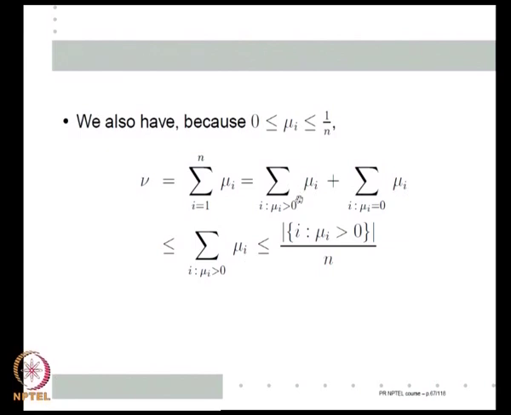So, I can write it less than or equal to the sum over mu I such that mu I greater than 0, and we know mu I greater than 0 are support vectors. Right. So, because each mu I is less than or equal to 1 by n, summation mu I is less than or equal to 1 by n times the number of things in this summation, and the number of things in the summation is number of I such that mu I greater than 0, that is equal to the number of support vectors.